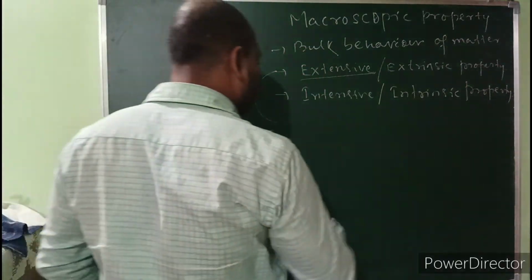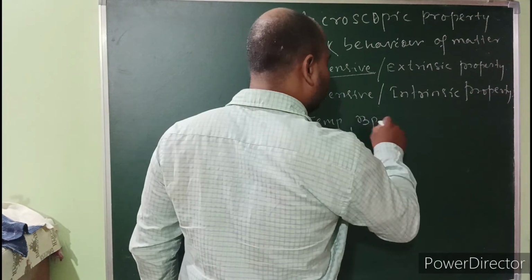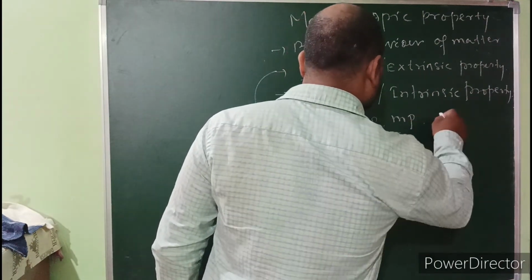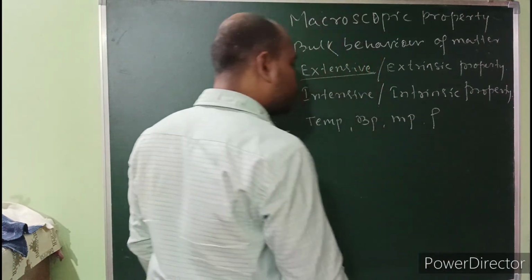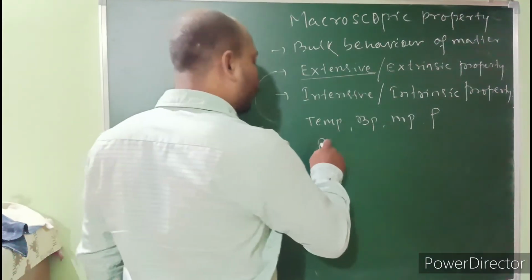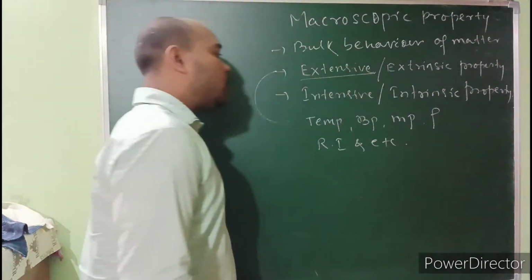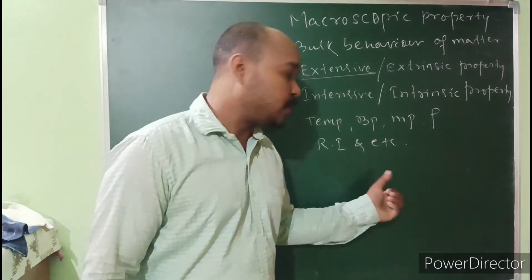We can write examples: temperature, boiling point, melting point, density, molar heat capacity, refractive index, and so on. So these are some intensive properties.